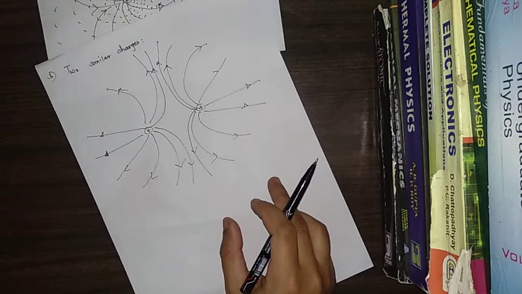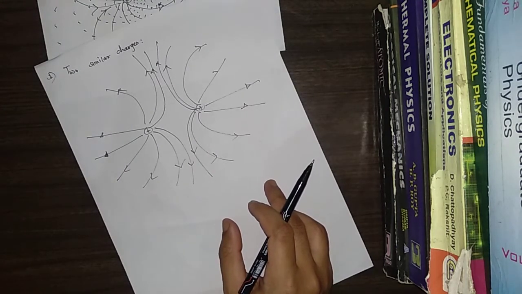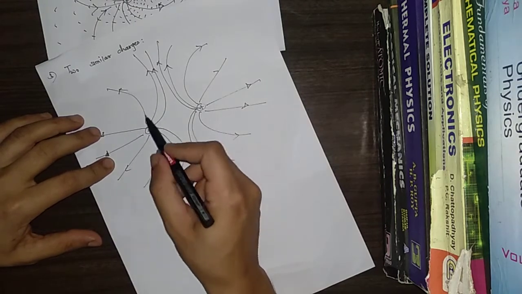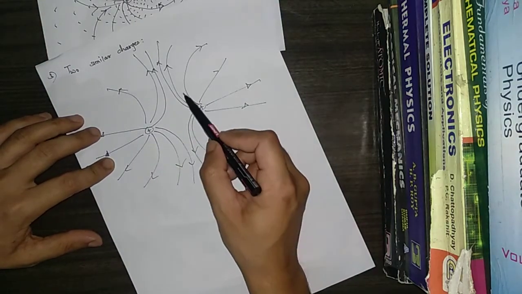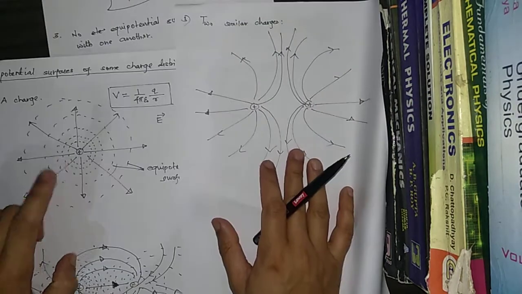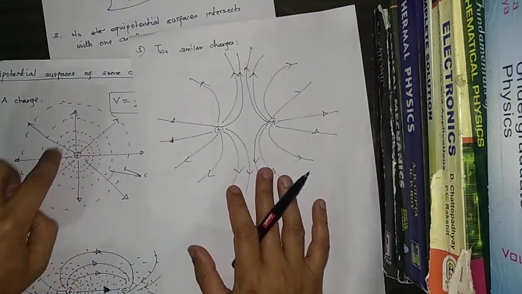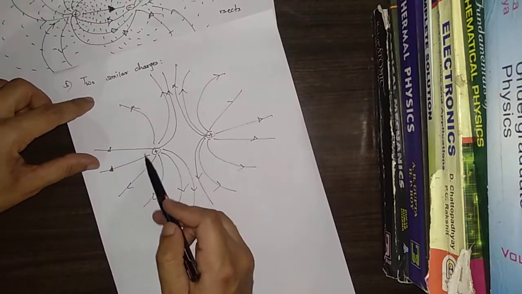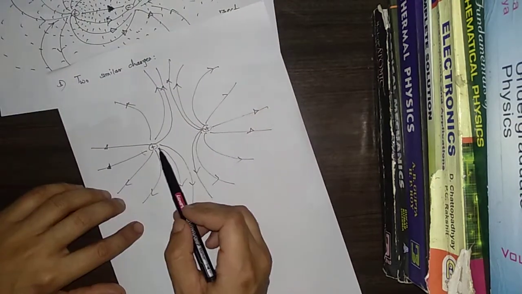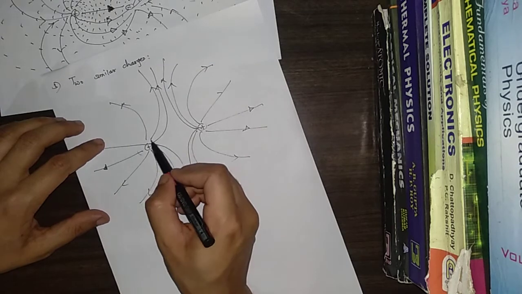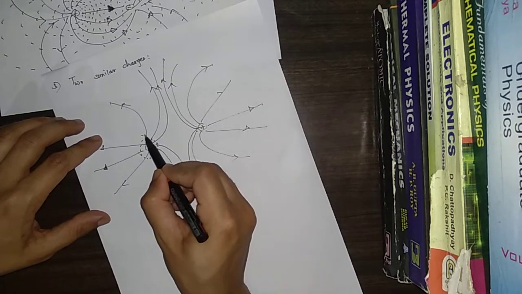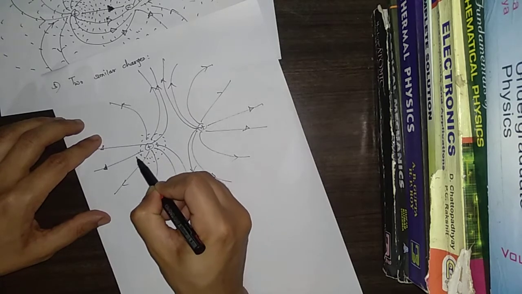Now the equipotential surface diagram of these two charges will be: you have an equipotential surface of this charge individually, and you have an equipotential surface of this charge, like this one. But it won't be concentric circles as before, because the equipotential surface of this can be influenced by this. And since they are positive charges, the equipotential surface on this side will get repelled this way.